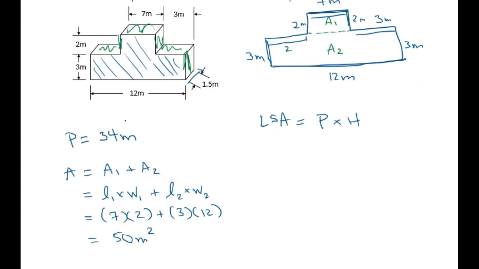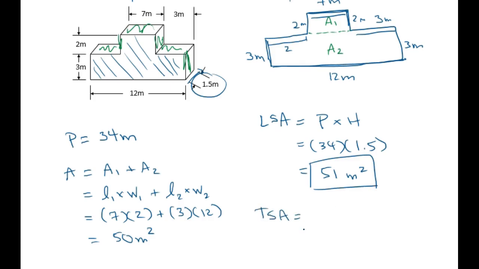So in this case, our perimeter is 34 meters. And the height of our prism, or the length of our prism in this case, is the 1.5 meters. So meter by meter, we end up getting, when we plug that into our calculator, 51 square meters.